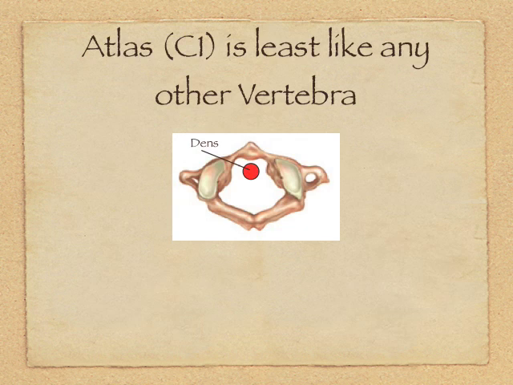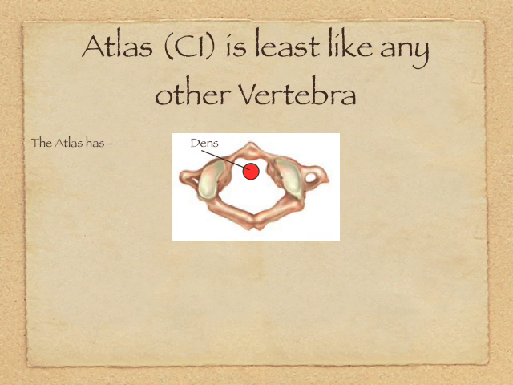And the atlas is the one vertebra that is least like any other. I've drawn the dens in here from the axis, and you can see how the atlas fits around it. It's much more of a ring of bone than any others.